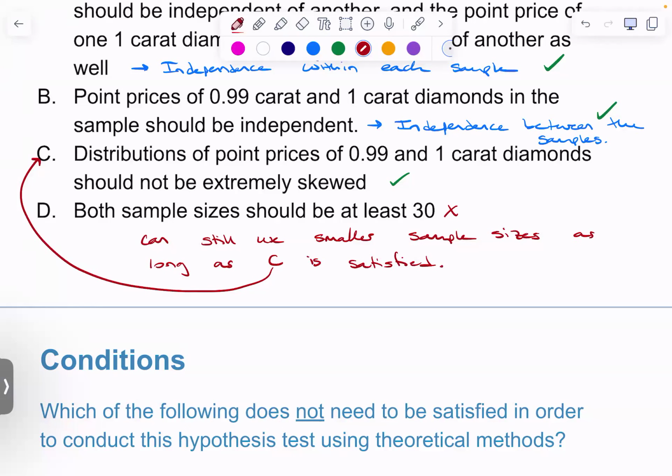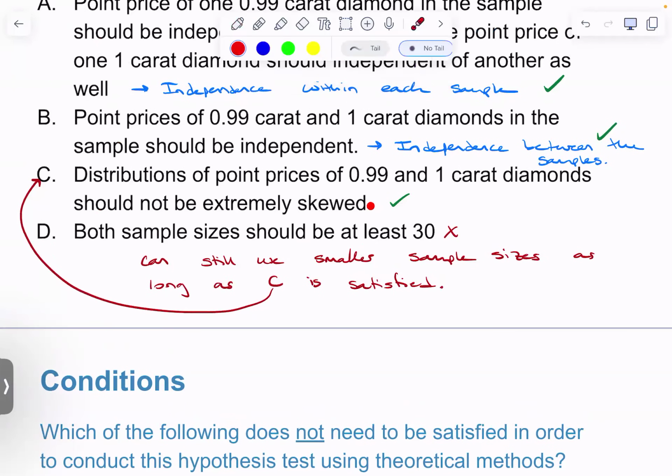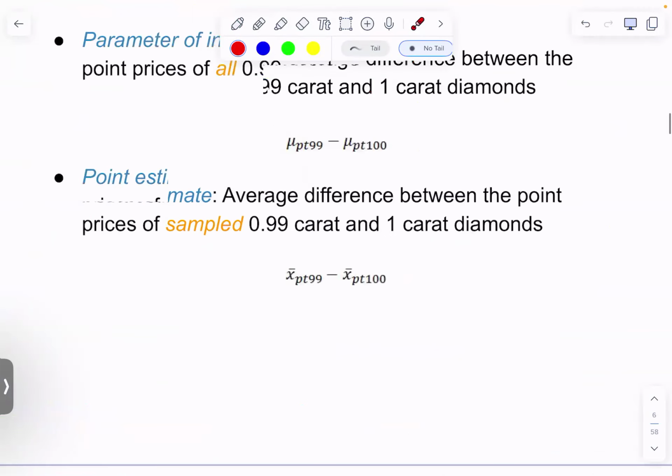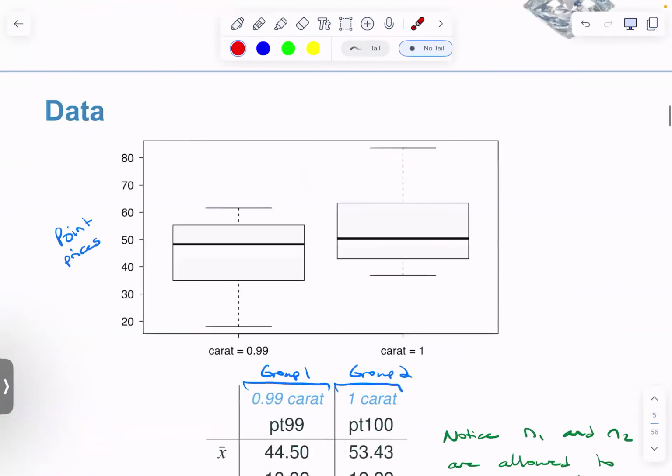Now, conveniently, we have the side-by-side box plots. So what we're looking for is we just want to make sure that they're not extremely skewed. So if we go back to those side-by-side box plots, we can talk ourselves into it.